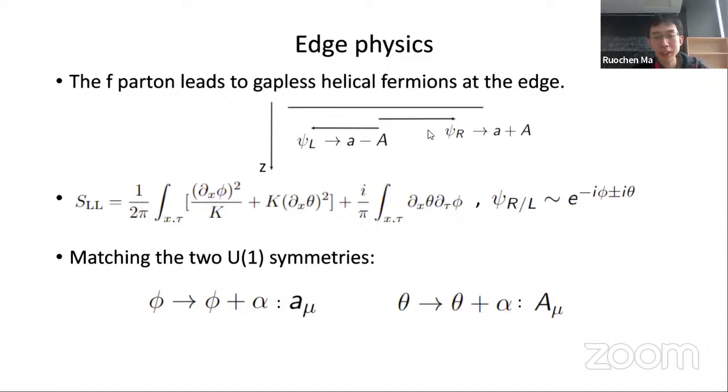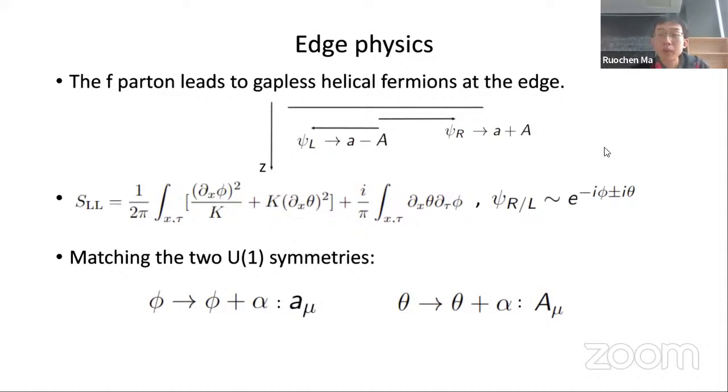And to facilitate the following discussion on the edge dynamics, we can bosonize the helical edge fermions and end up with an edge Luttinger liquid. So you have two mutually dual compact bosons and an edge Luttinger parameter, which determines the scaling dimension of various operators, as we will discuss shortly.